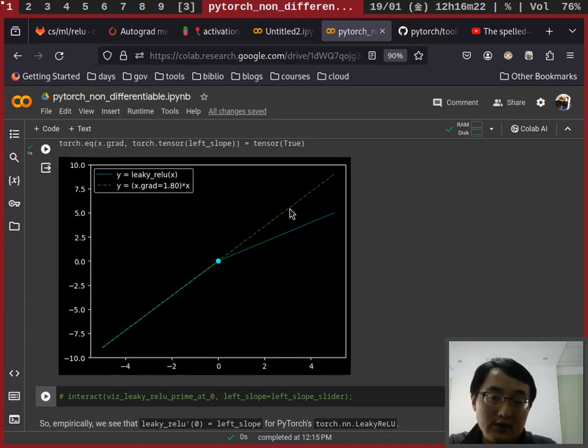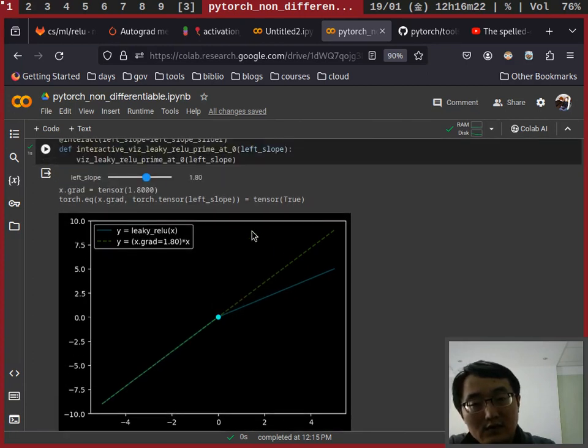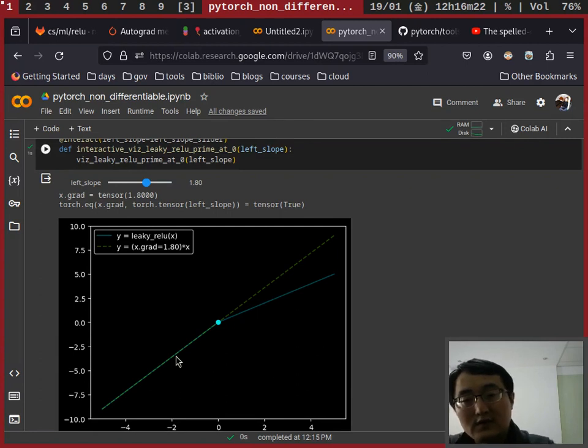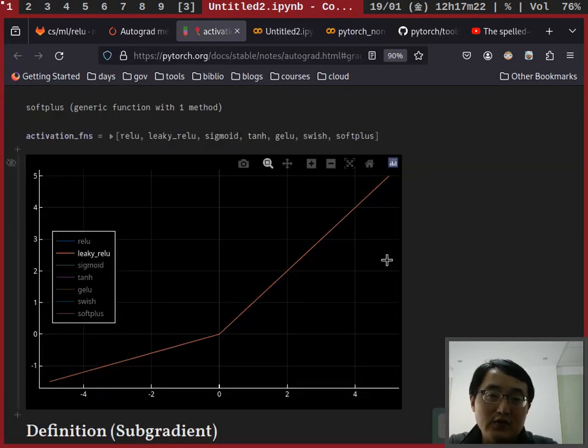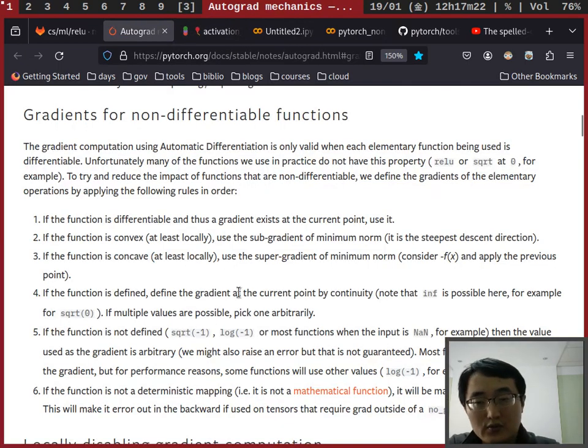The one with minimum norm would be the slope that equals 1, so it would be like this instead of the red dashed line. So I want to say that at least we found a counterexample which invalidates the third statement. So it is not always the supergradient of minimum norm.